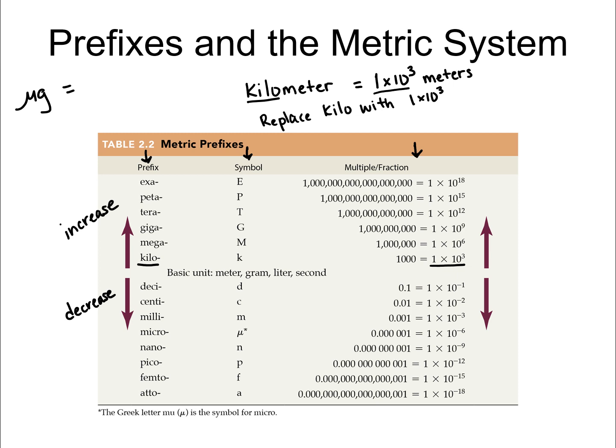What does micro mean? One times 10 to the minus 6. So does everybody see how to use the chart?